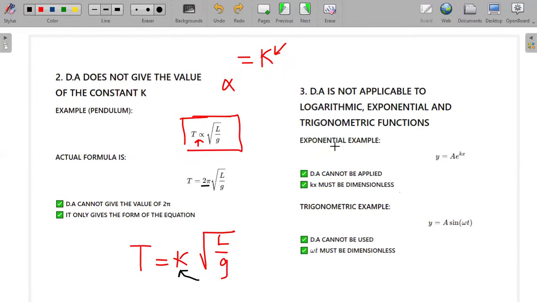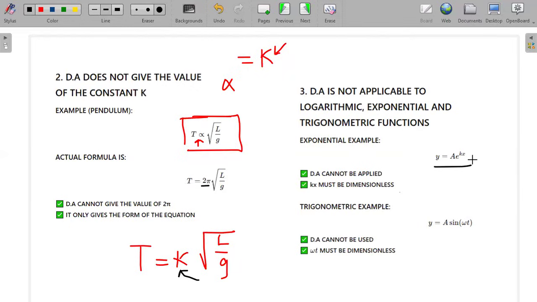An exponential example is this equation here: y equals A e to the power kx. Because this kx is an exponent, we cannot use dimensional analysis to derive this formula, because this simply means the kx must be dimensionless.